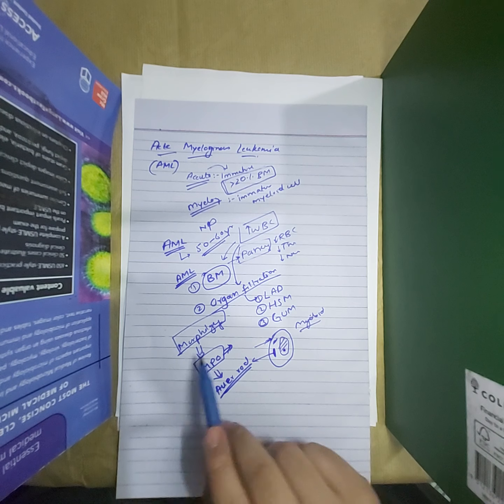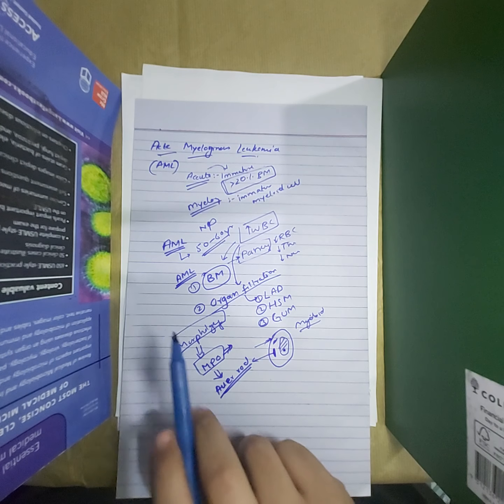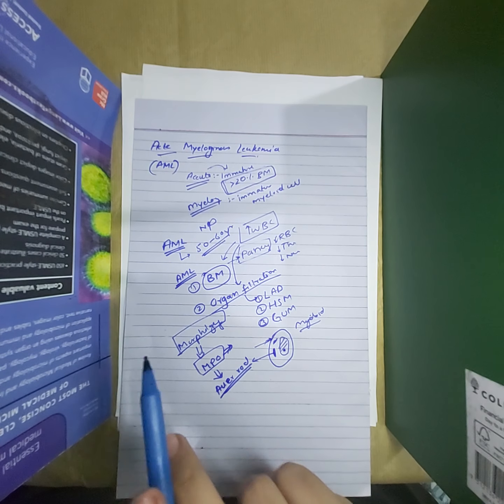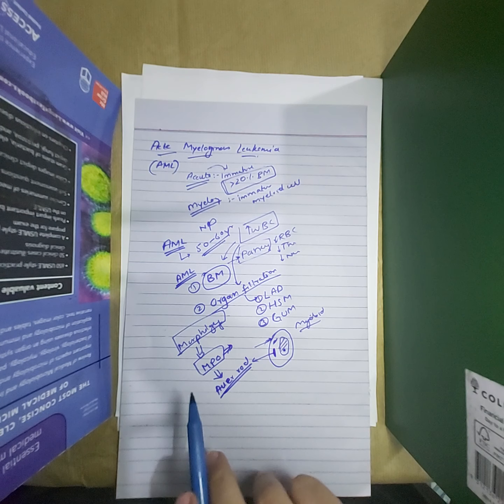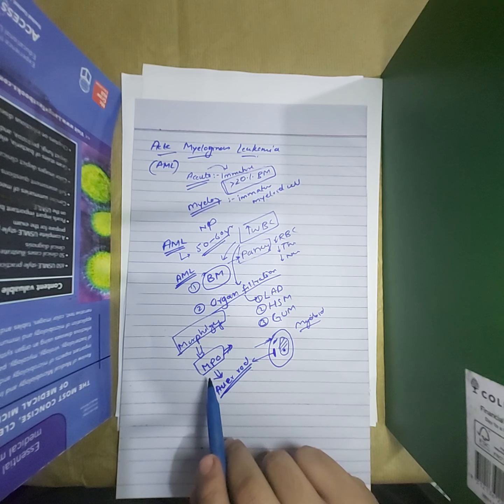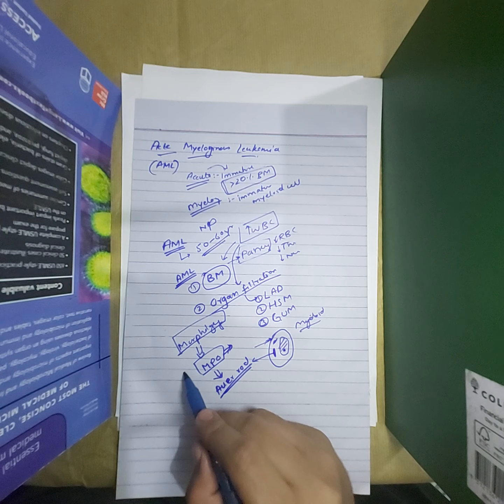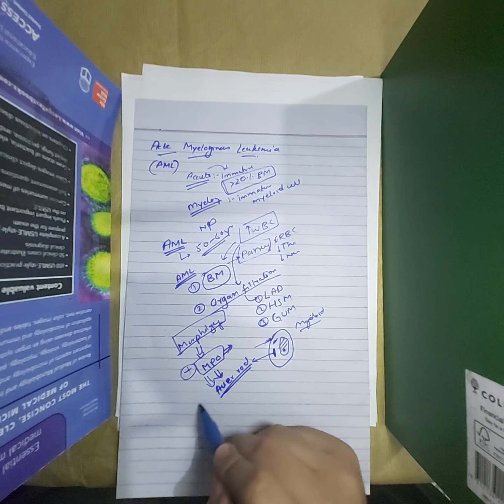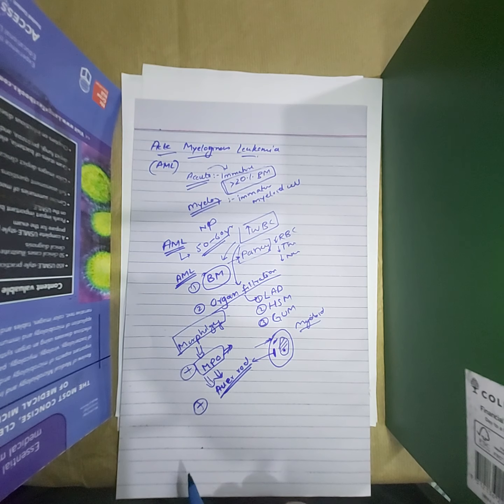So in the morphology of acute myelogenous leukemia you should see cells positive for myeloperoxidase, the Auer rods. This is the morphology and the hallmark of AML, acute myeloid leukemia.